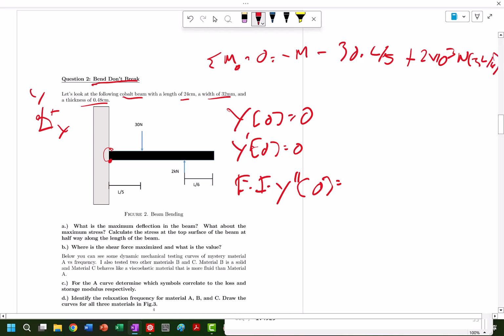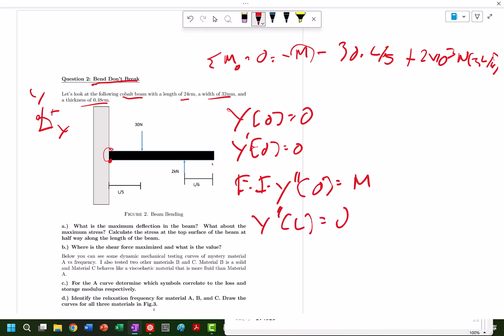That's solved for my moment, then that's substituted in here because this is effectively equal to my moment. So we'll get that value. And over here, we know that y double prime at L must be equal to 0. All right, let's go ahead and get at it.